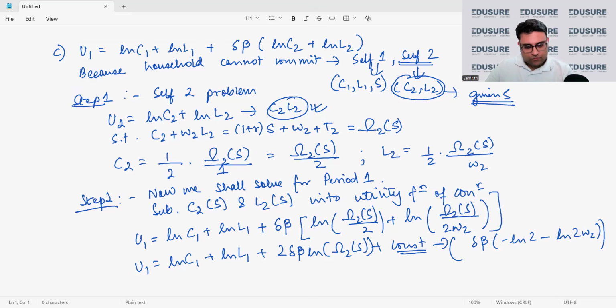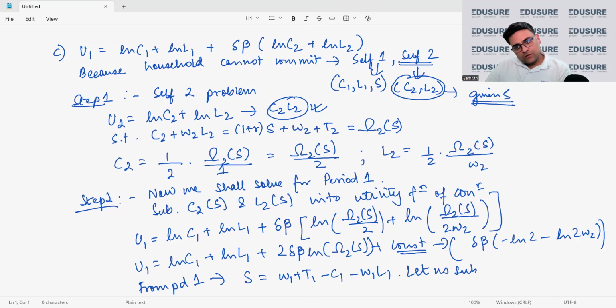Now, from the period 1 constraint, we know savings is equal to W1 plus T1 minus C1 minus W1 L1. Let us substitute this here.